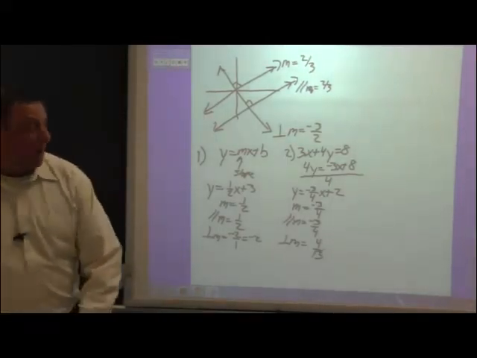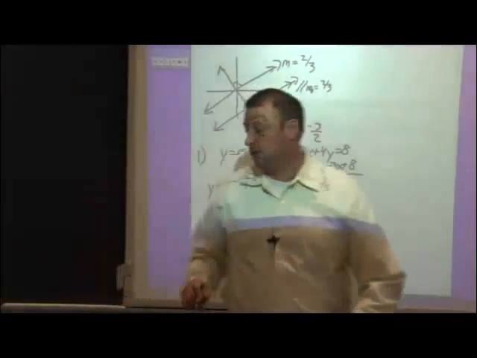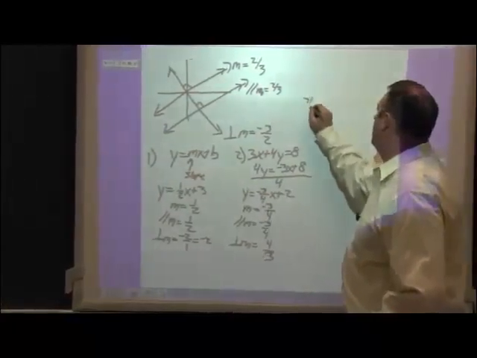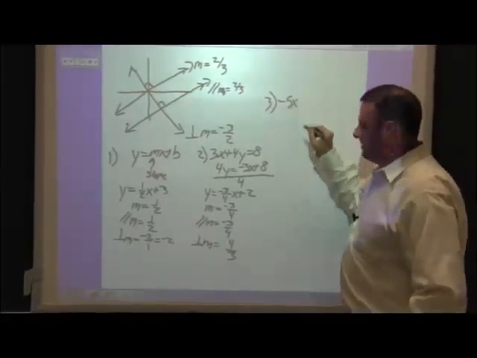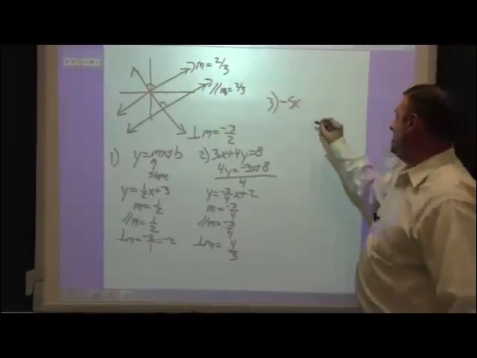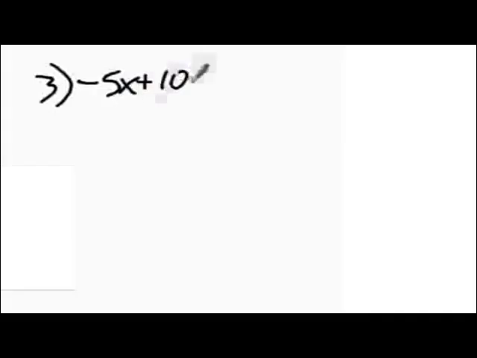Let's try one more. I just want to make sure you got this. Negative 5x plus 10y equals 30. Okay, we're going to solve for y because it's not in y equals mx plus b form. So let's add 5x to both sides.